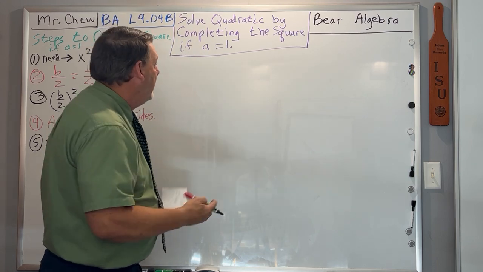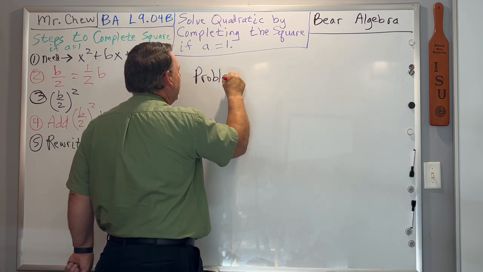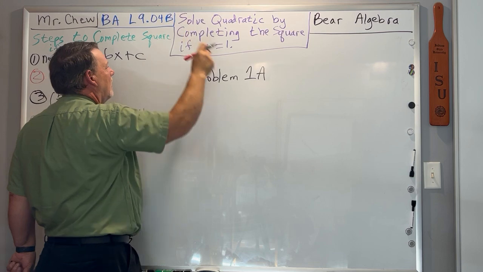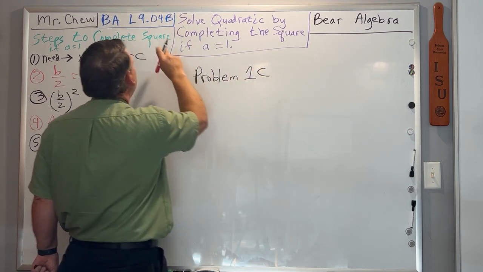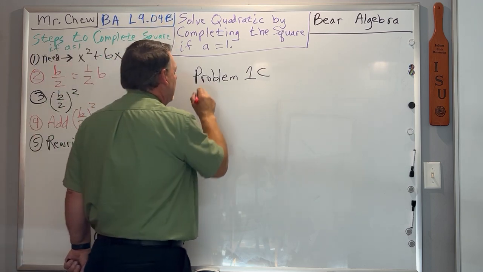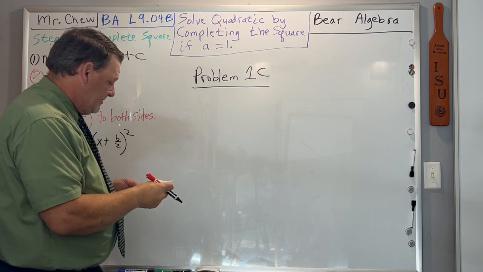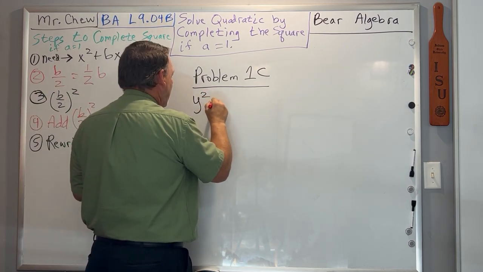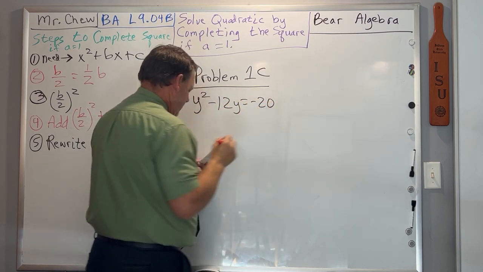Okay, so I'm going to give you a couple challenge problems here that you'll be able to work. All right, so here they are, and I call these challenge problems, and that's going to be in video L9.04C. So problem 1C is y squared minus 12y equals negative 20.